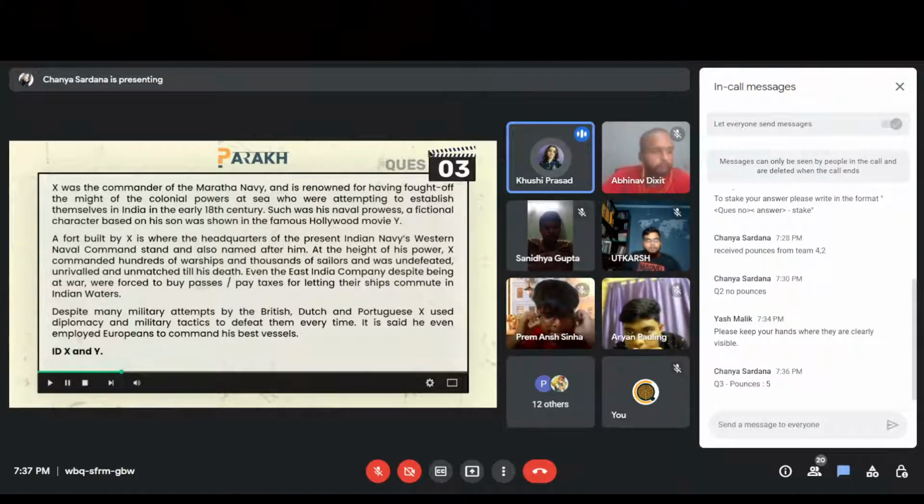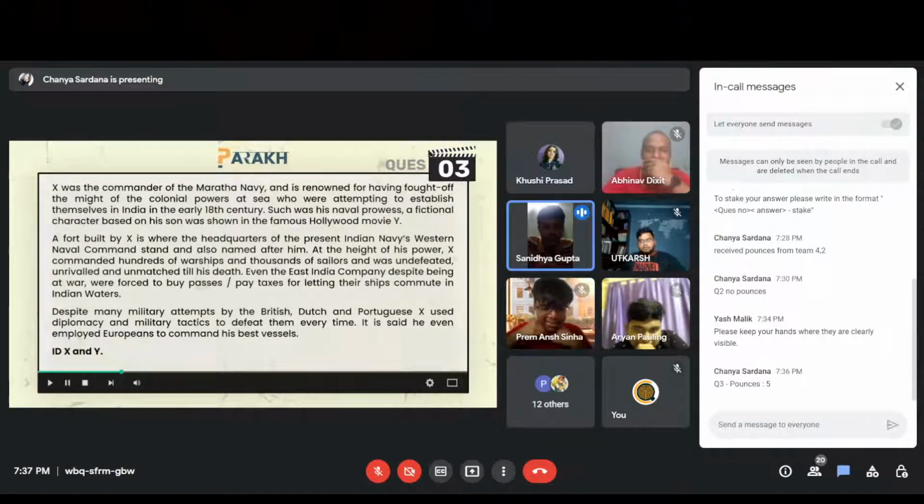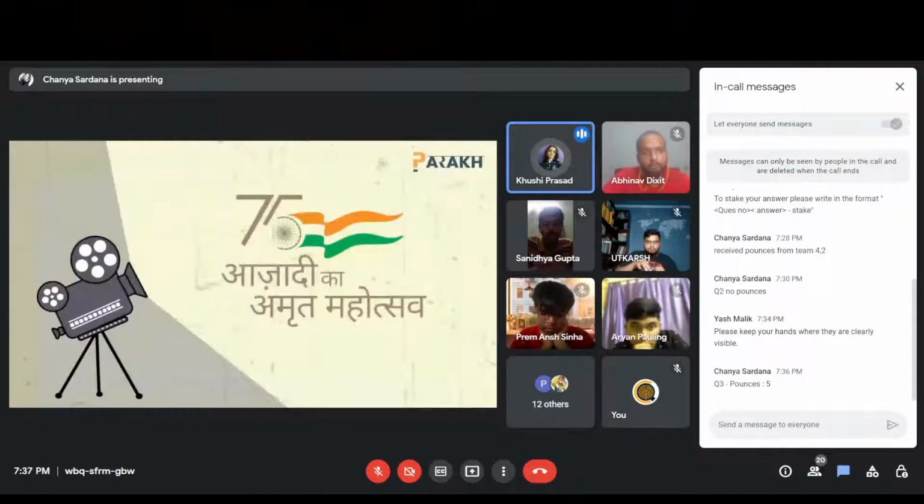So the question will now go to team 4 for X. X is Kanoji Angre. Yes, correct. So X is Kanoji Angre and Y is Pirates of the Caribbean at World's End.